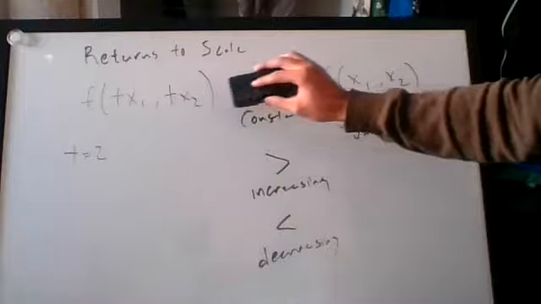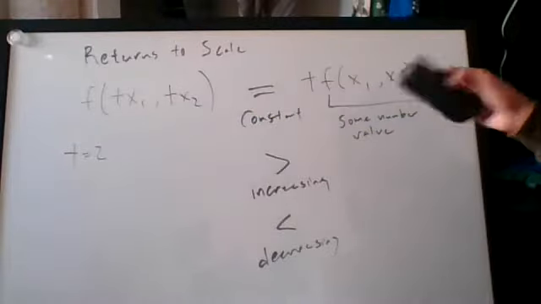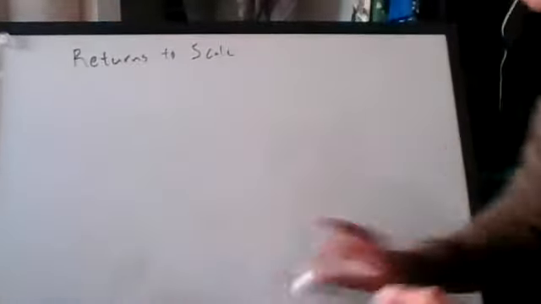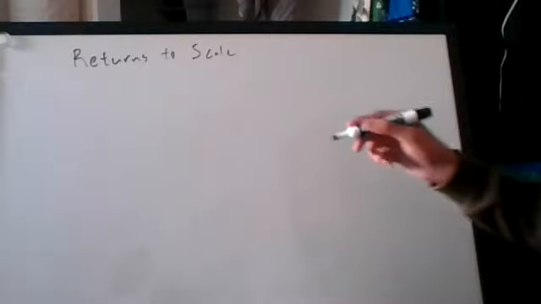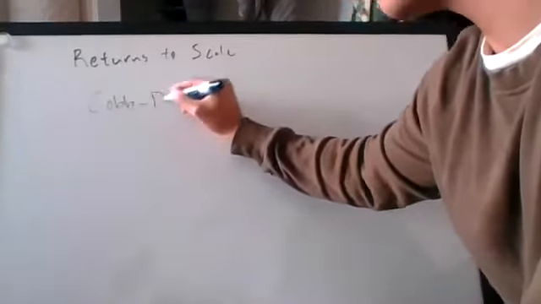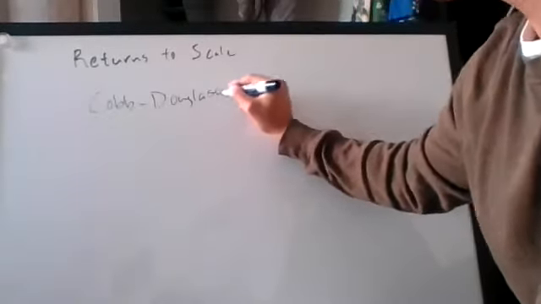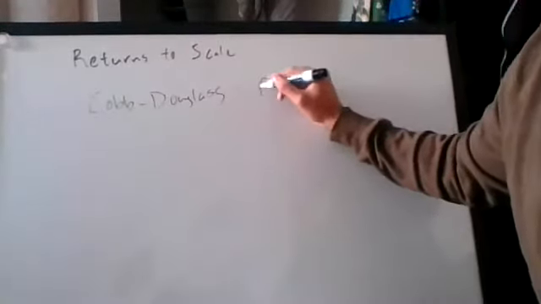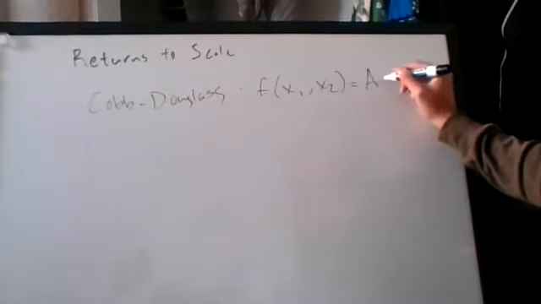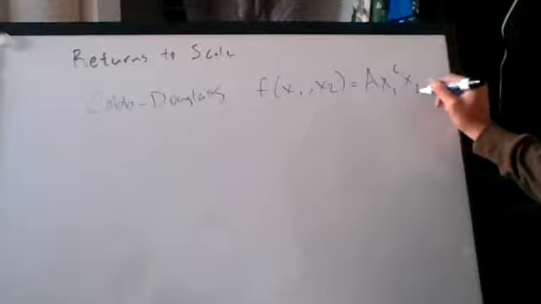You can apply this to your production function and this will always be true. But with Cobb-Douglas production functions, you're going to notice that there's a really easy trick that you guys can use. So this only applies to Cobb-Douglas. We know our production function looks something like this: A x1^c x2^d.